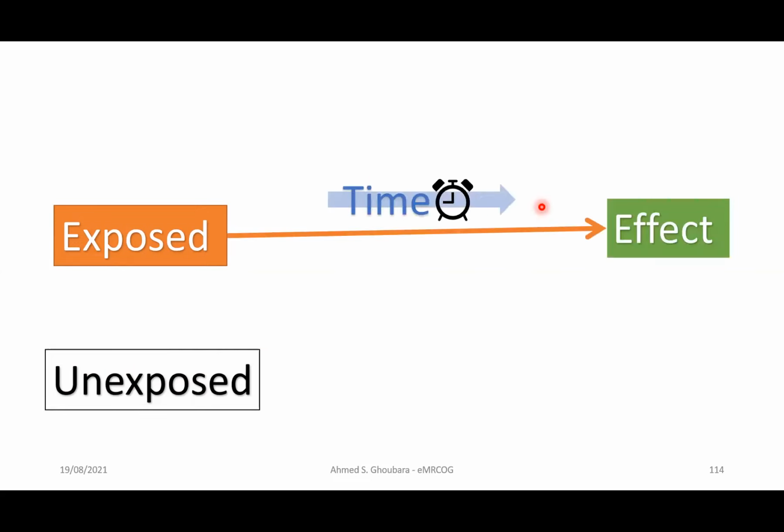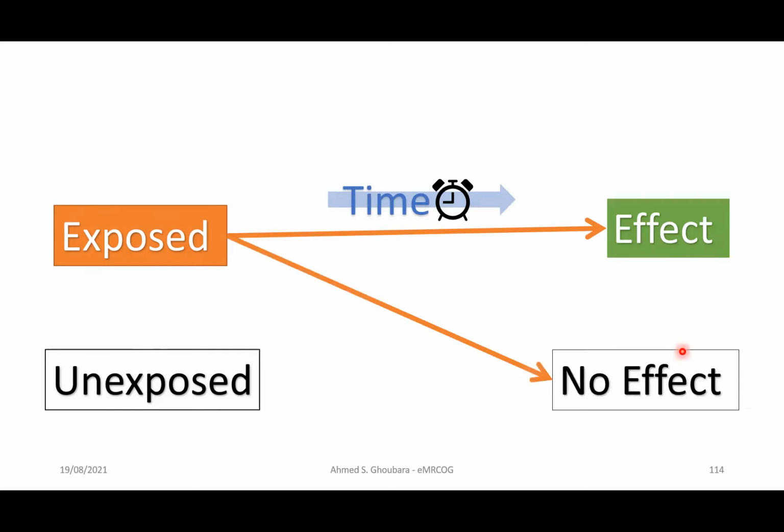Okay, so you follow up the patients this time, and you find out that some patients were exposed and got a disease, and some other patients were exposed and didn't get the disease. They were okay. You could smoke forever, for example, and nothing could ever happen to you. Some people could smoke and get cancer at the end of the day, while some could smoke for 50 years and nothing could ever happen to them.